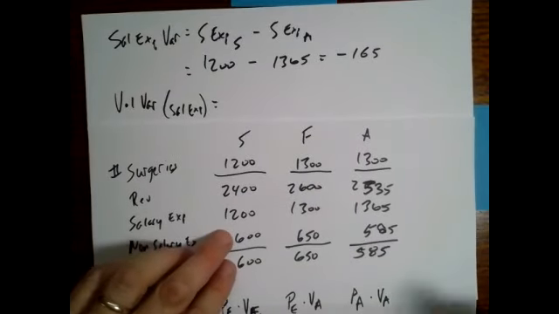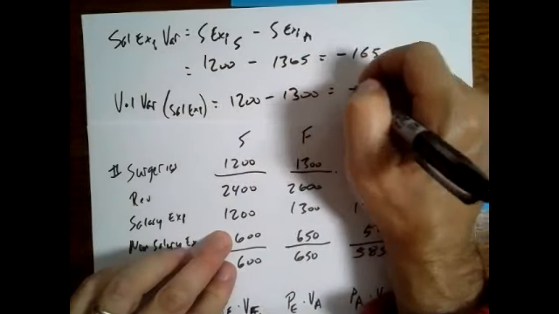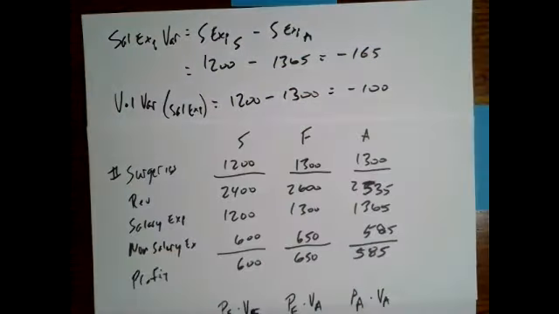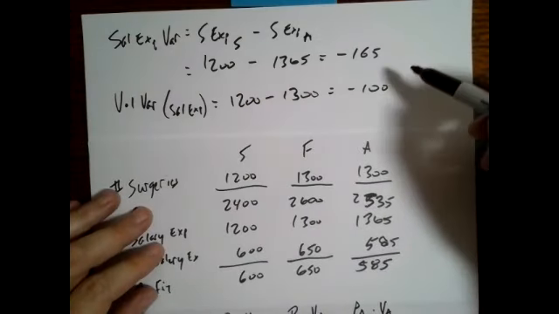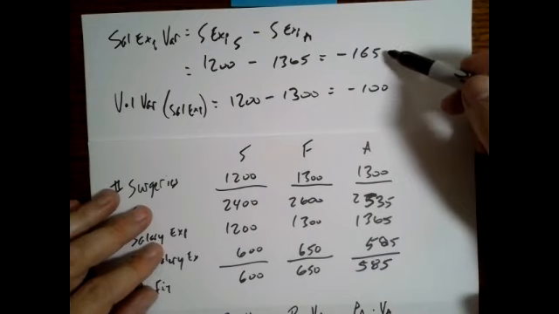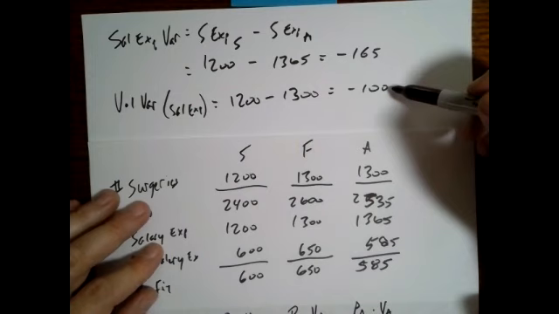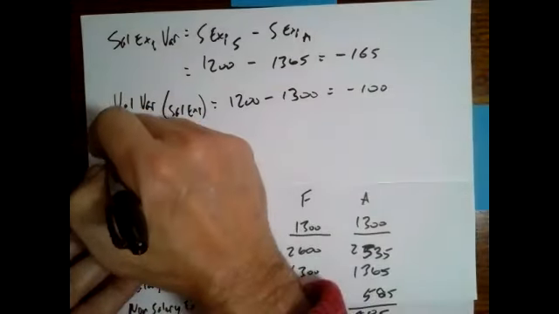So we're going to take 1,200 minus 1,300, which gives us minus 100. So 100 of our overspending comes from an increase in volume. We overspent by 165. 100 of it is going to come from our increase in volume.